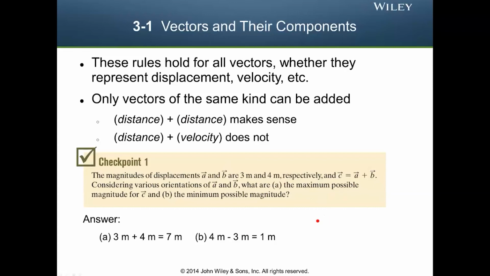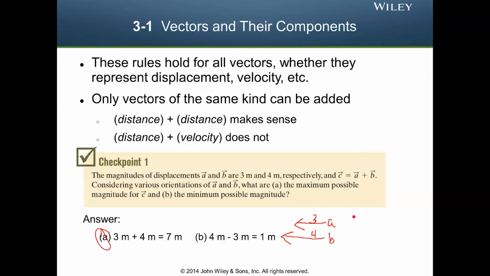So if I look at this, we'll say this is the 3, and then I'll make this one a little bit longer, and we'll say this one's the 4. So this is your A and your B. If you add these up, they go in the same direction, so you're going to have 3 plus 4 is 7, which is what we get over here in A.